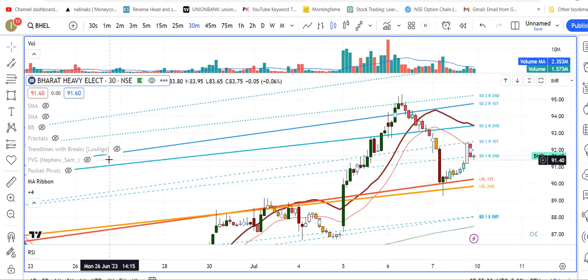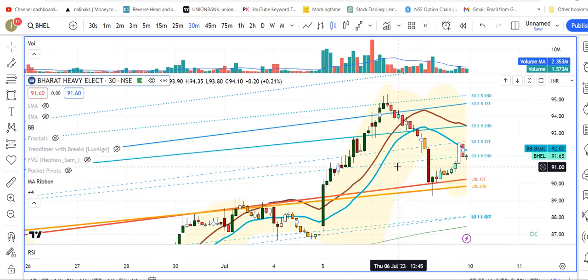See, I'll enable the Bollinger Band also. Bollinger Band is constructed on the basis of standard deviation. If I enable the Bollinger Band, you can make a strategy only up to the median line. When price starts moving below this Bollinger Band, you will be unable to make out where the level is at which I need to book my profits.